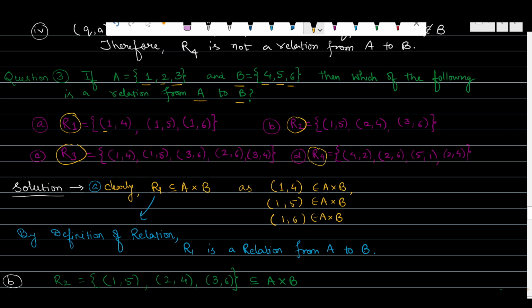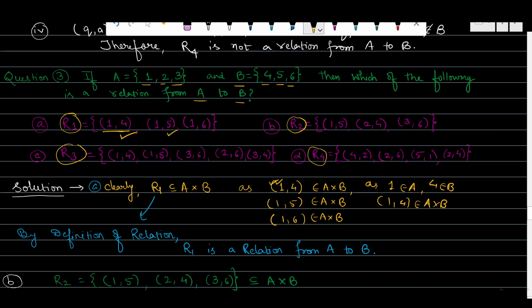Now see this, 1, 4. 1, 4 is in A cross B. Why? As 1 belongs to A and 4 belongs to B. So this ordered pair 1, 4 belongs to A cross B, and this element belongs in set R1.